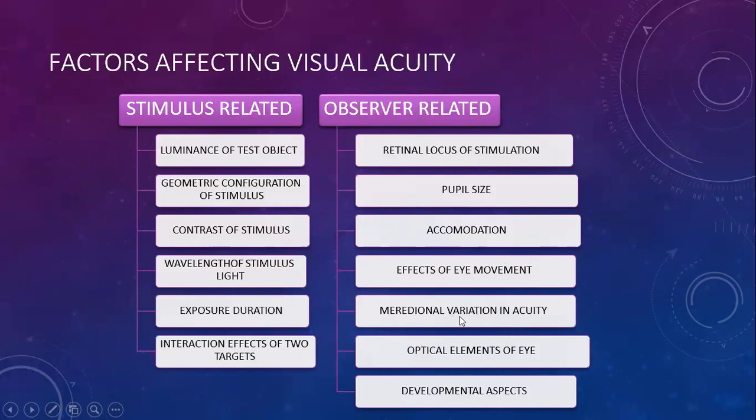You have two principal meridians, horizontal and vertical, and they have different powers. If the power is okay, then you can see; otherwise it's difficult. Optical elements of the eye: is there any problem in the eye, because you need power or not? And developmental aspects: whether the whole anatomical structure of the eye is okay or not is also important.